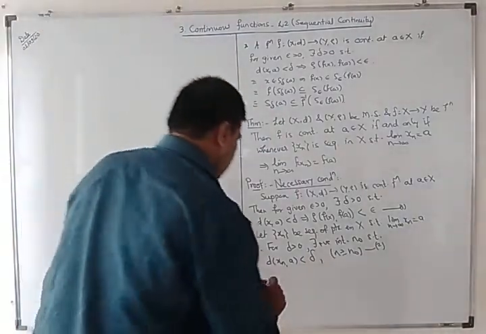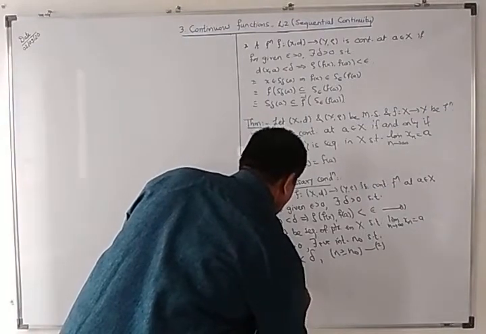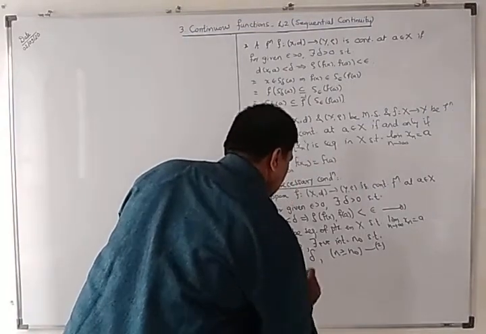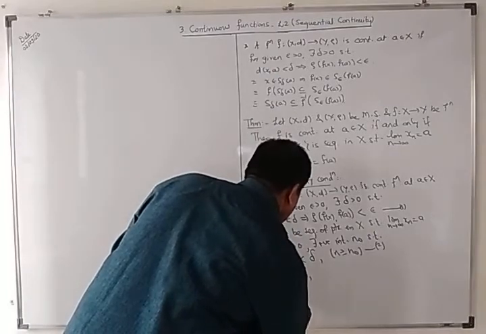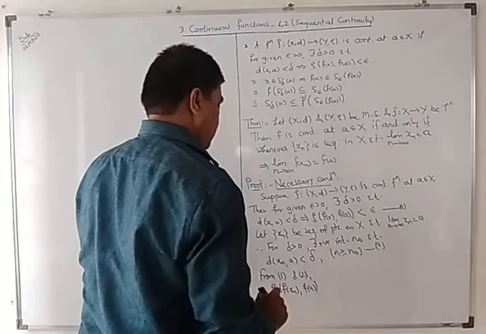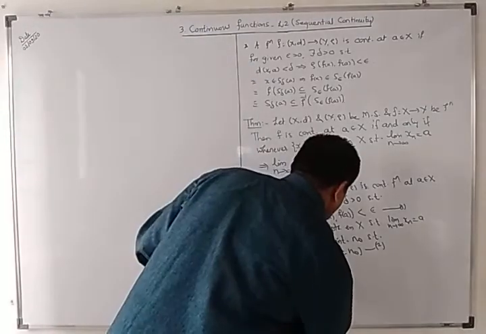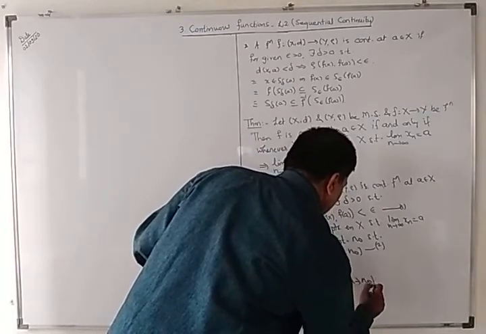From 1 and 2, what will we get? From 1 and 2, rho of f(x_n), f(a) must be less than epsilon for any n greater or equal to n naught.